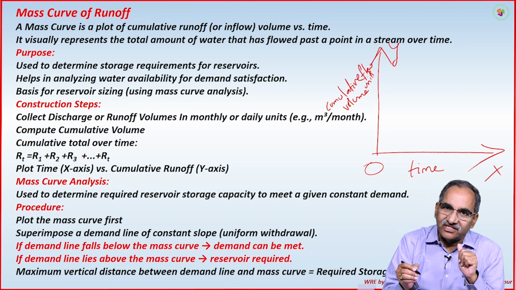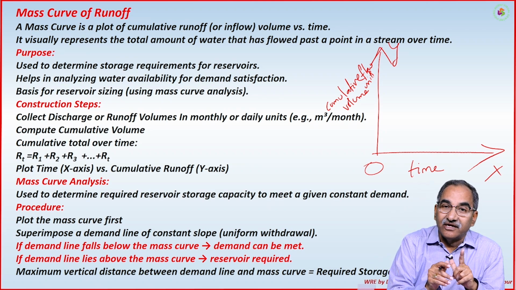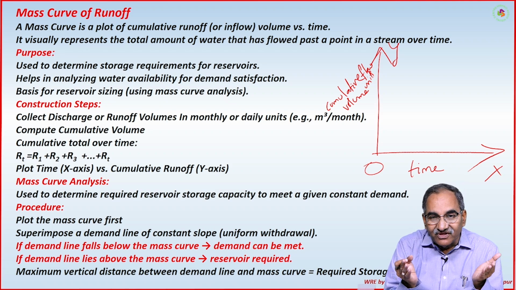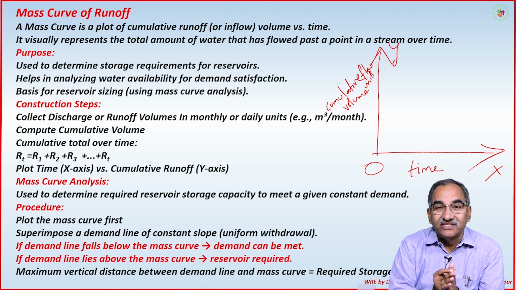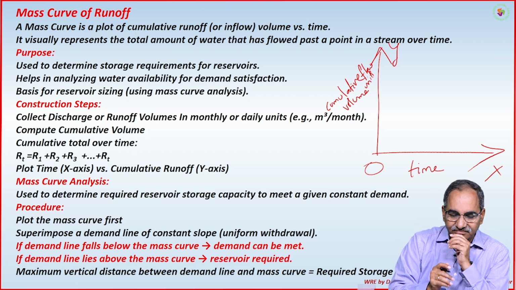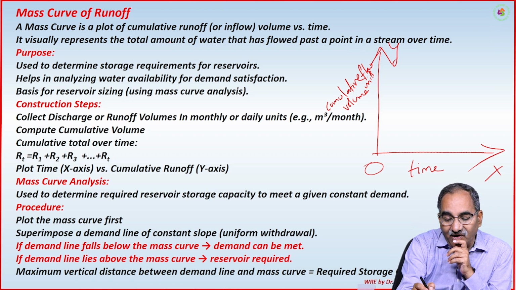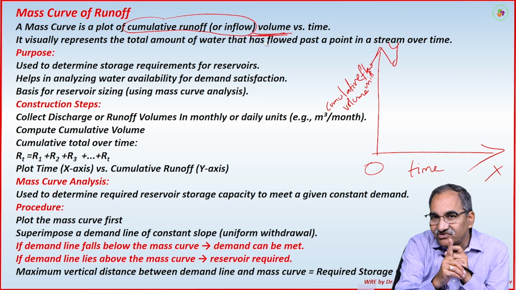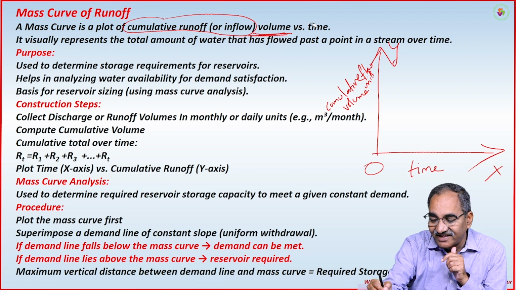And on the y-axis, you have to write cumulative flow, cumulative runoff, in volume units. Please remember, a mass curve is a plot of cumulative runoff volume, not meter cube per second, versus time. Very, very important.